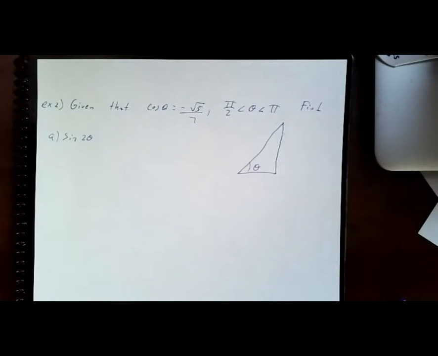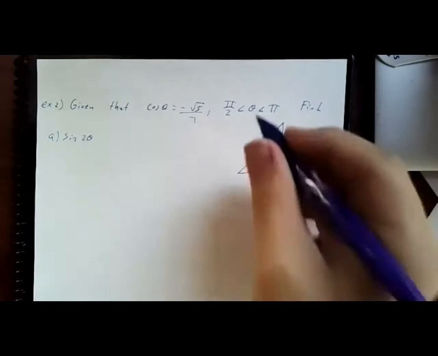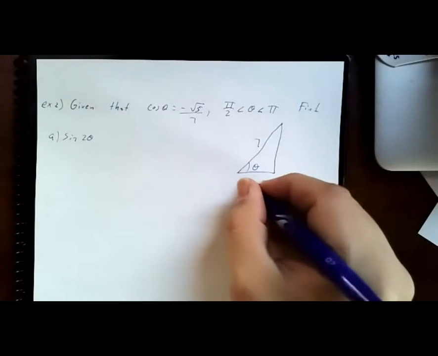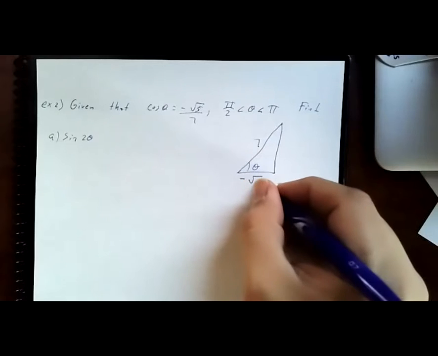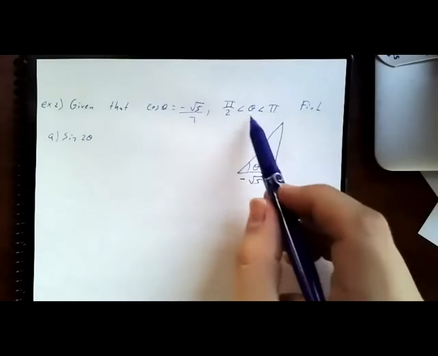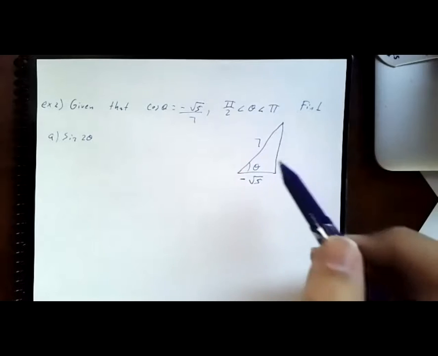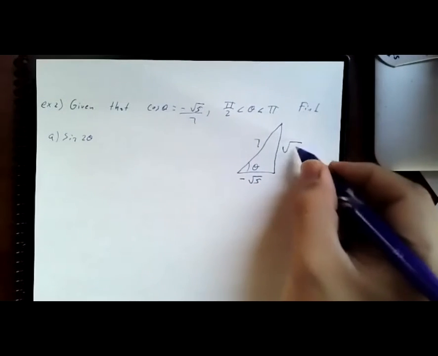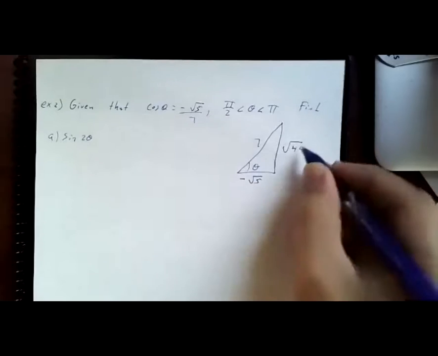And sine is positive. This would be the hypotenuse, and I'd have to put the adjacent side as negative root 5 because of the quadrant. When you do the Pythagorean theorem, the y must be positive, which would be 44.